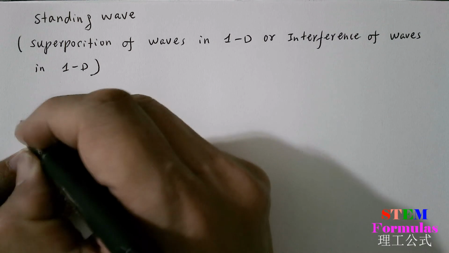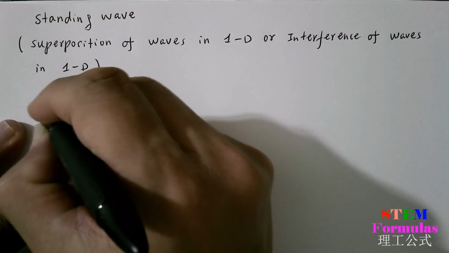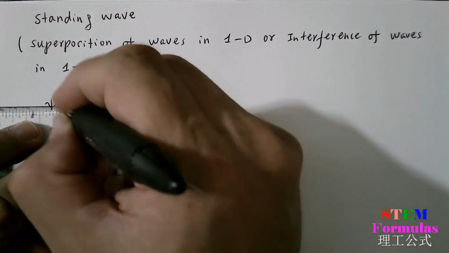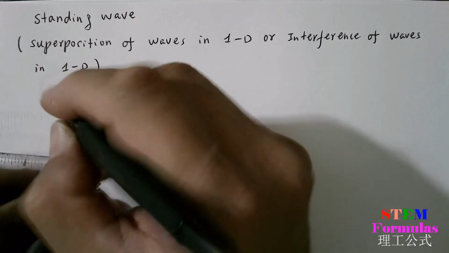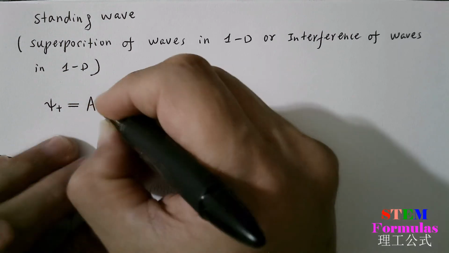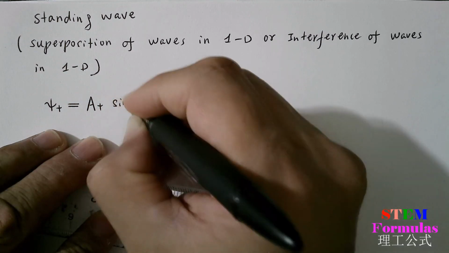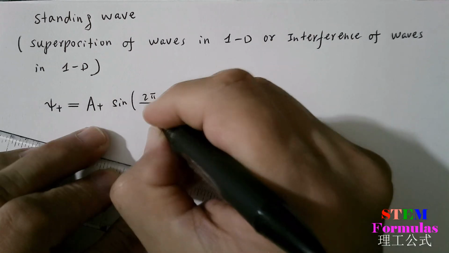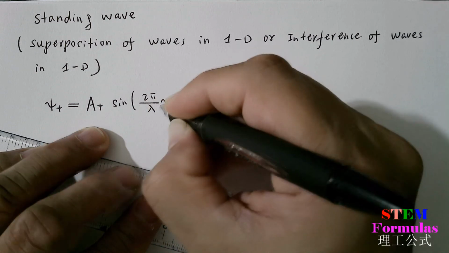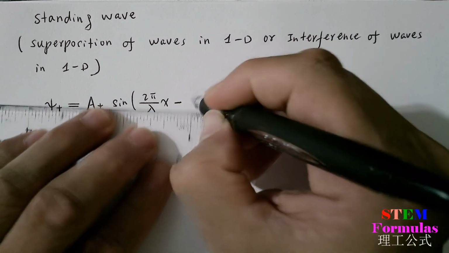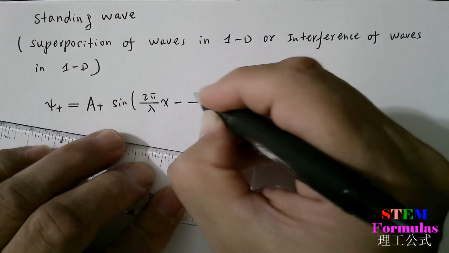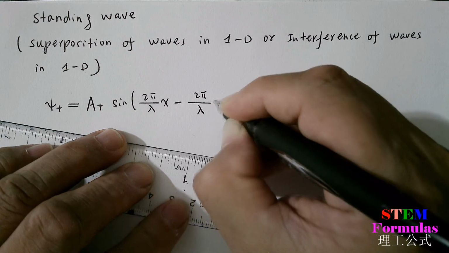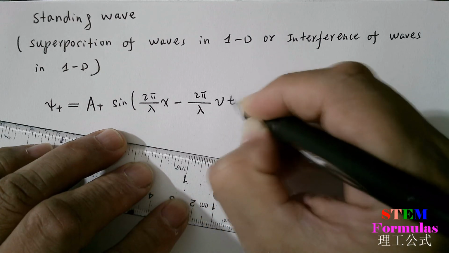Consider the following two waves. One wave I write as psi plus. Psi plus equal to A plus sine of 2 pi divided by lambda times x minus 2 pi divided by lambda times v times t.